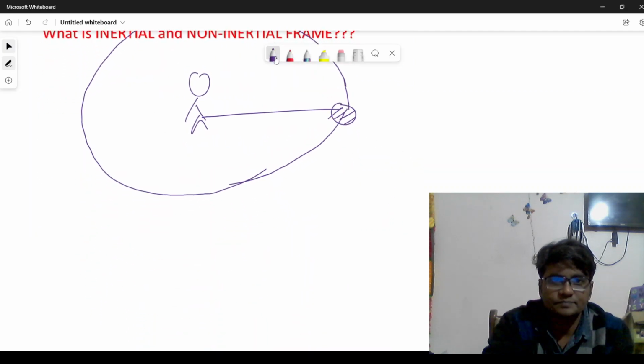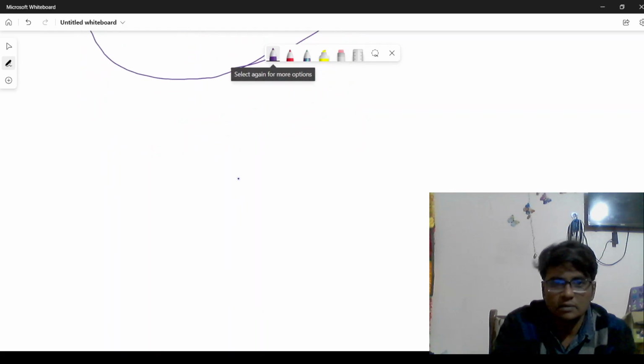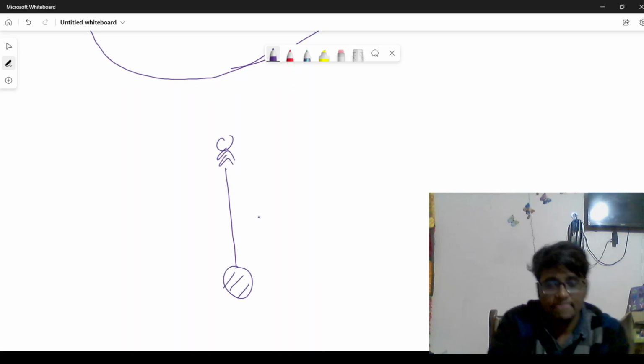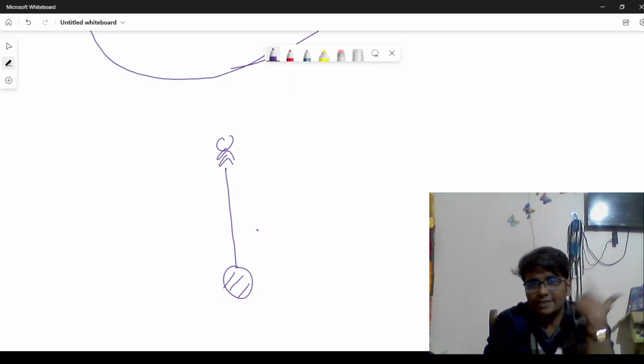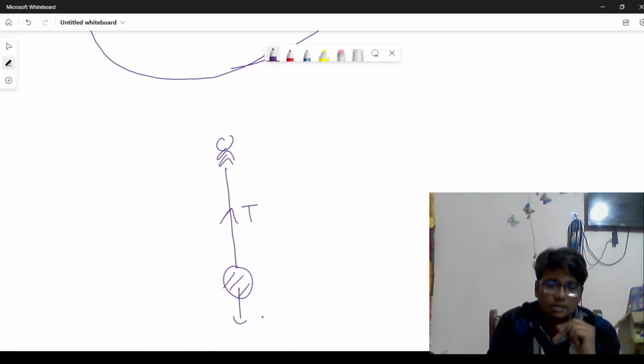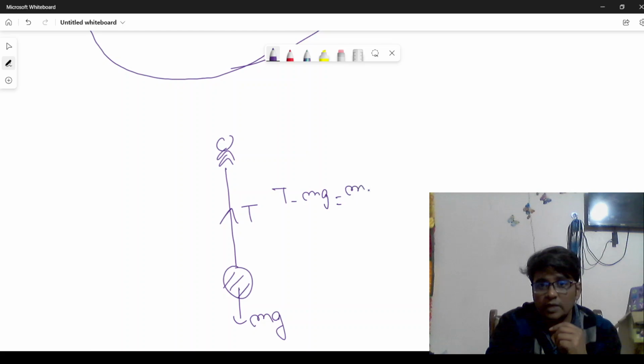What we see is that if you draw the free body diagram out here, with me standing here, I will say there is one tension T acting in the inward direction, and the weight of the mass, the bob, acting in the downward direction, mg. And T minus mg will be equal to mv square by r.